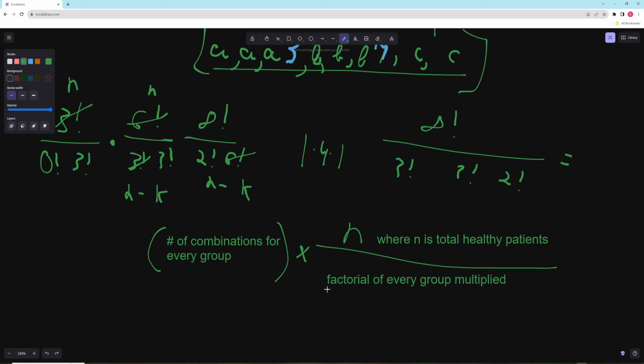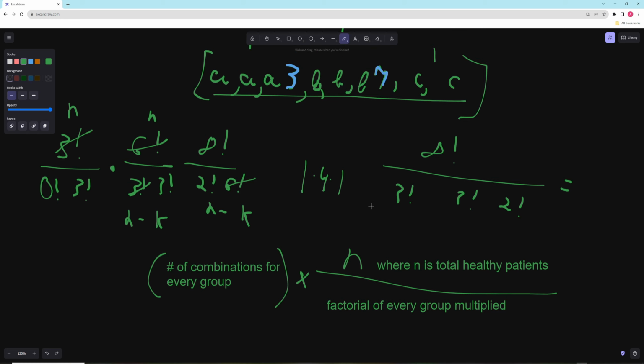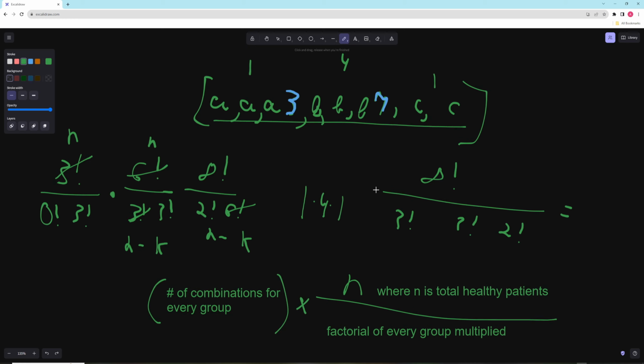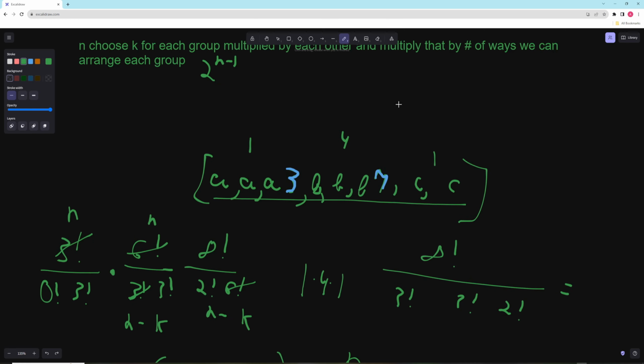So now the tricky part, and this is actually pretty tricky, is this is going to get really big really fast. We can't just get factorials of huge numbers. Let's say n here is like 10 to the 5th, and then we have like 1 sick patient.